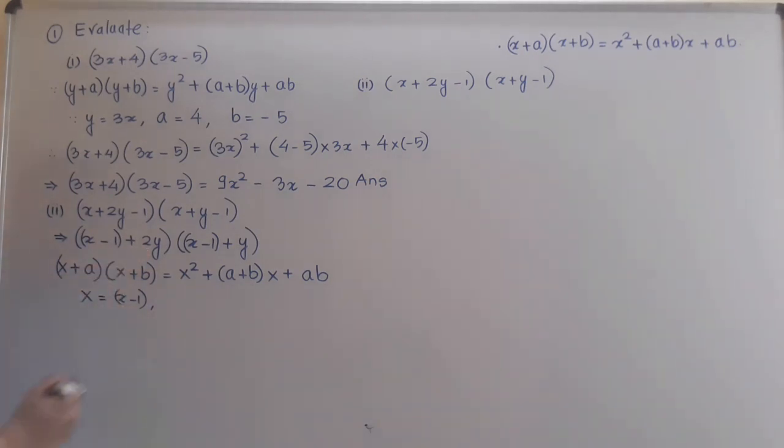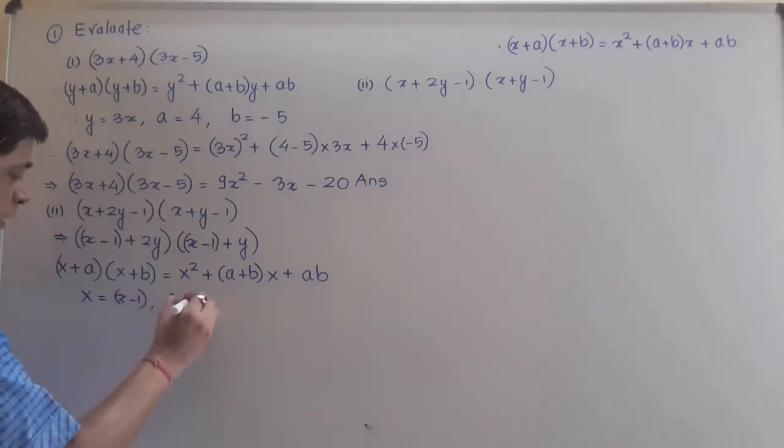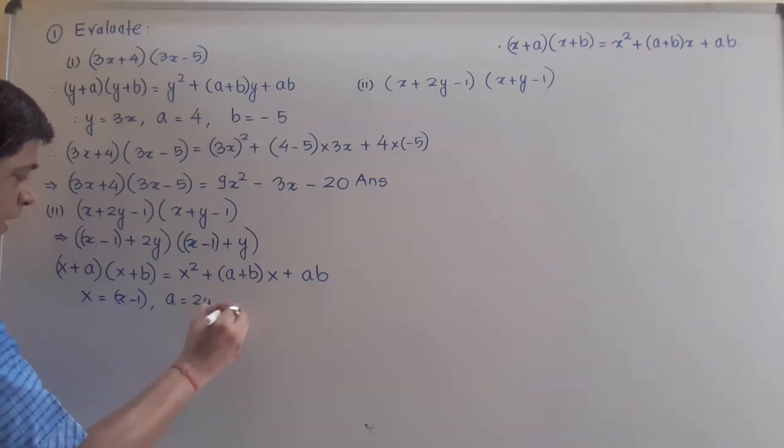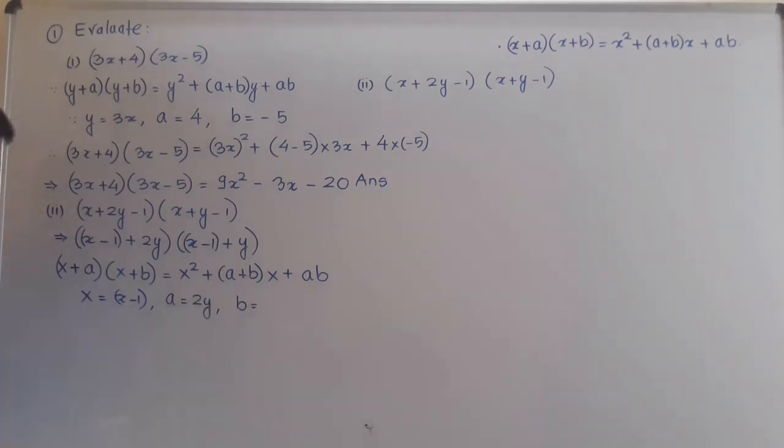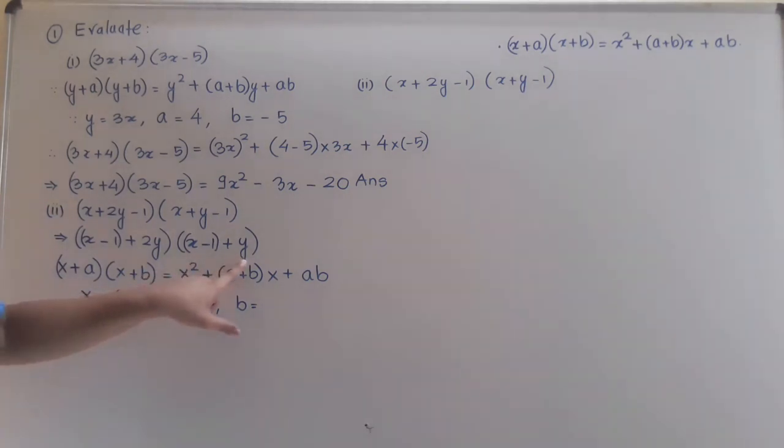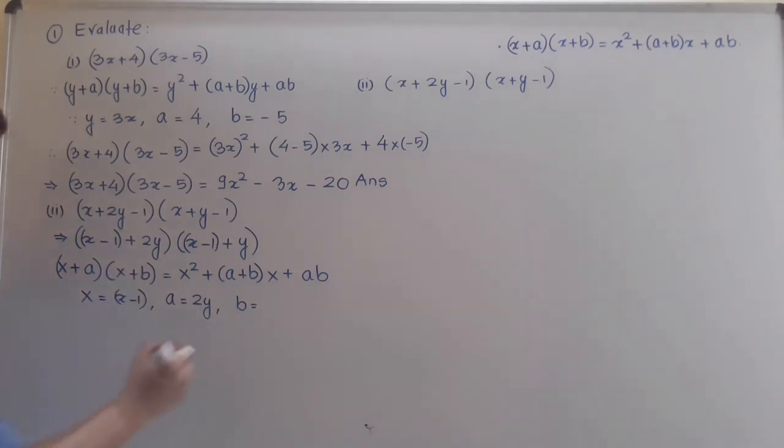So I can say that the value of A will be equal to 2y and B will be equal to, compare properly, this is the second bracket and this is also the second bracket. Here B is coming, here who is coming? y. So I can say that the value of B will be equal to y.